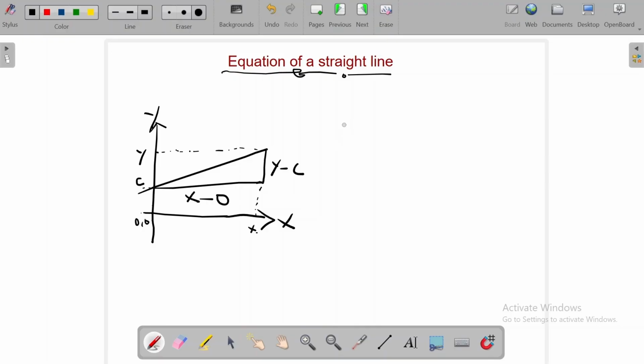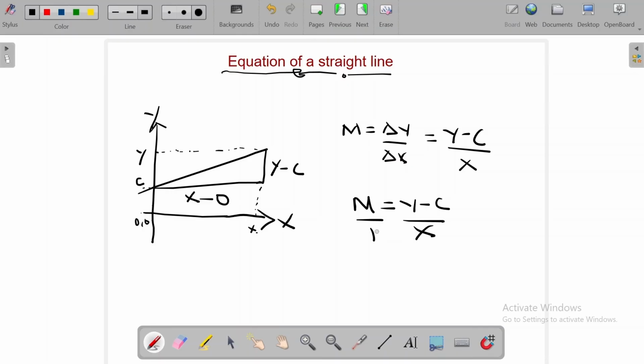We all know that slope is the change in y over the change in x. So the change in y in this case is y minus c, and the change in x is x, because x minus 0 simply gives us x. So m is equal to y minus c over x.